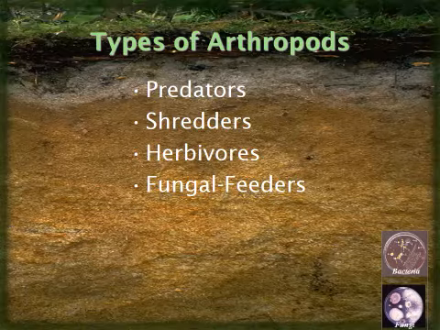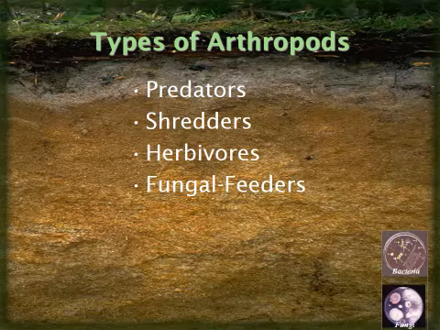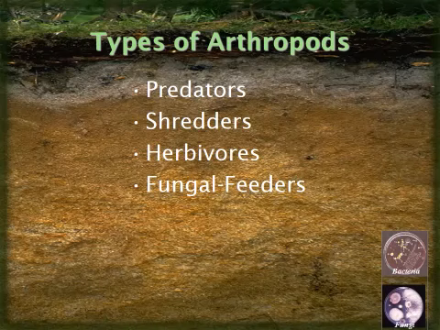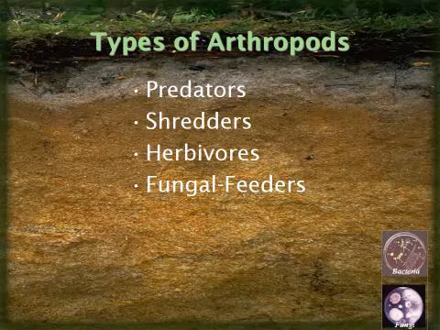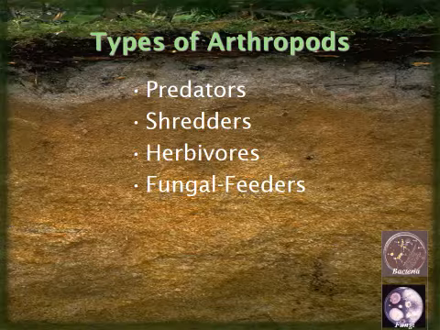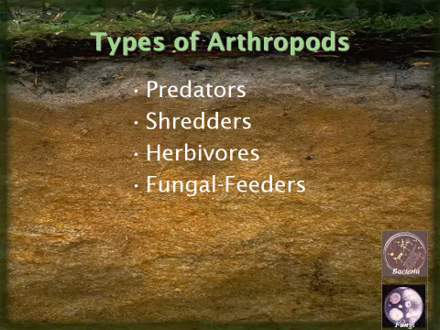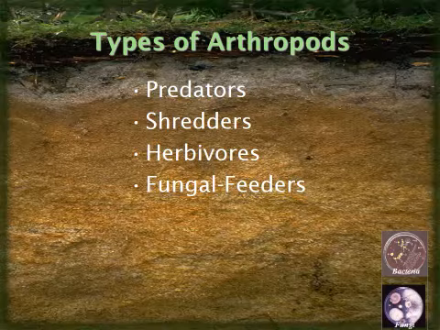Okay, shredders are especially important in cases where we have a lot of crop residue, because what they're able to do is to take that crop residue and physically break it down, and that aids in nutrient cycling. Okay, and these are the herbivores that are eating on the plants. But there's also types of arthropods that'll feed on fungi, and so I'm going to show you a few pictures of different arthropods.